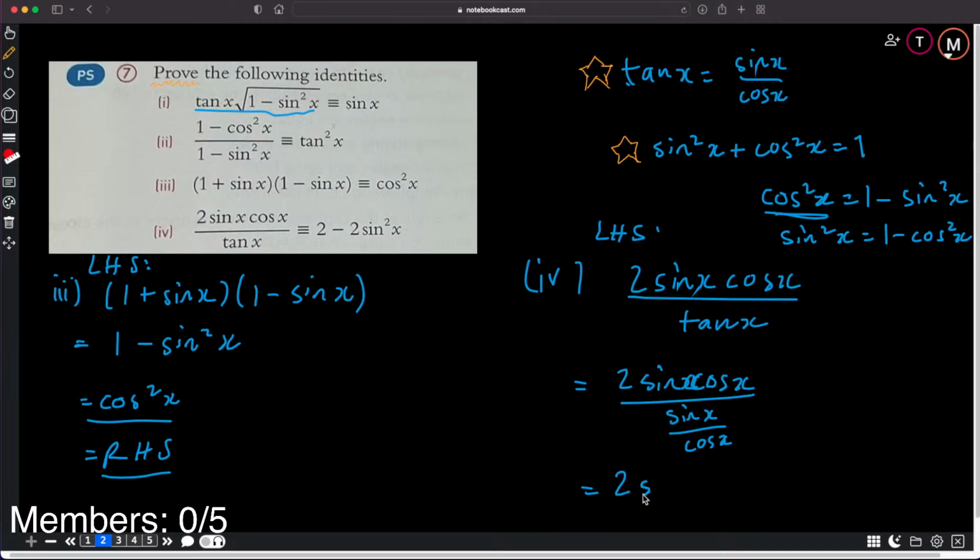So we can say this is 2 sine x cosine x multiplied by cosine x over sine x. Which, if you look at the denominator of that fraction, you notice it cancels with the sine x in the numerator. So here we're left with 2 times cosine x times cosine x. Another way to write that is 2 cosine squared x.